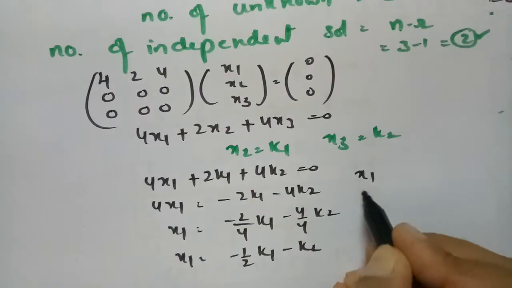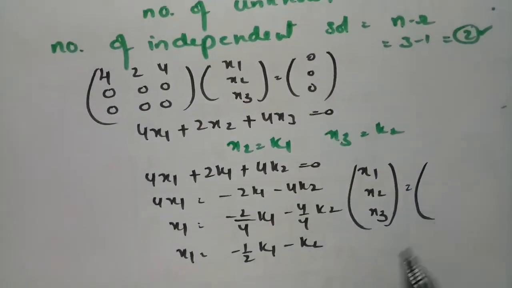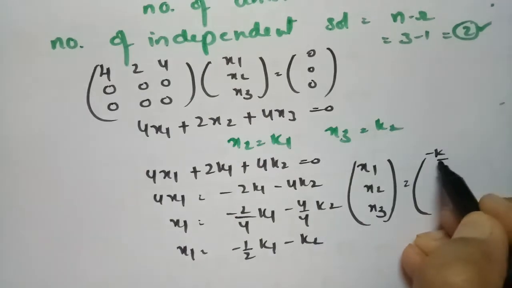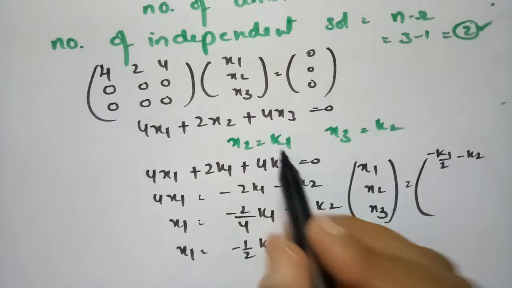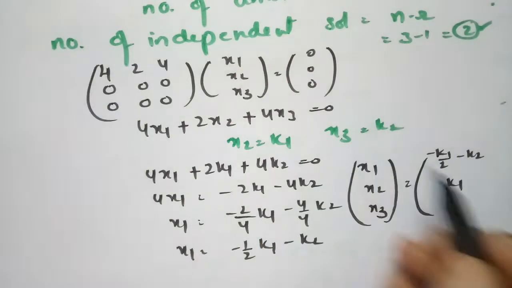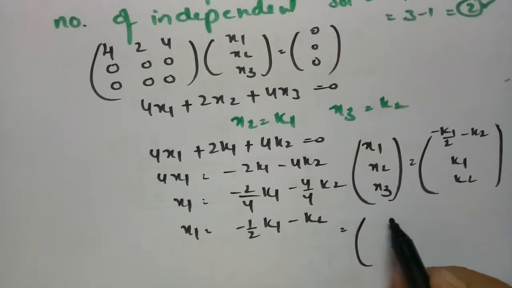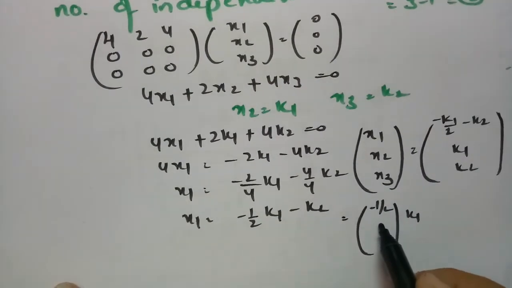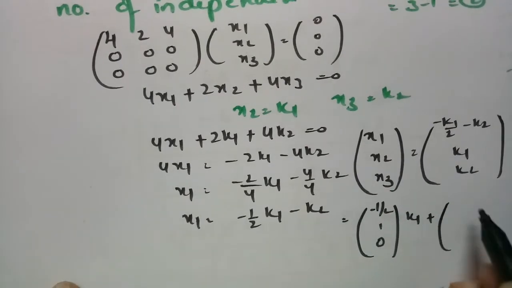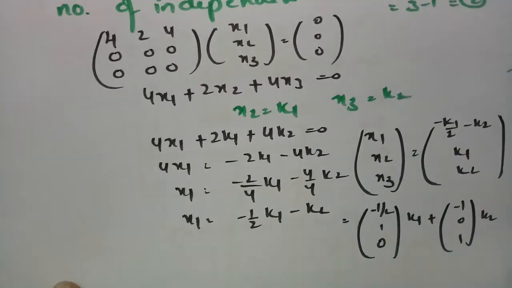Our x1, x2, x3 values are: x1 = -k1/2 - k2, x2 = k1, and x3 = k2. If I take k1 common, this will be (-1/2, 1, 0), and if I take k2 common, this will be (-1, 0, 1).